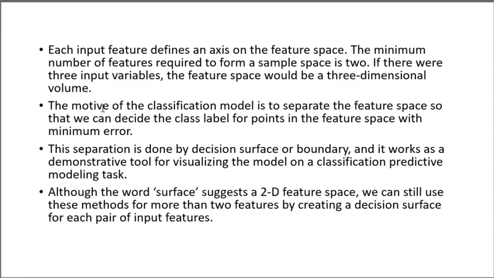If we have three axes, it will be a three-dimensional volume, and if more than that, it will be of higher dimensions which we will not be able to represent on paper. So the idea is to classify the incoming values into classes based on this discriminant, and we have to visualize how this is done. That's the purpose of the discriminant tool.